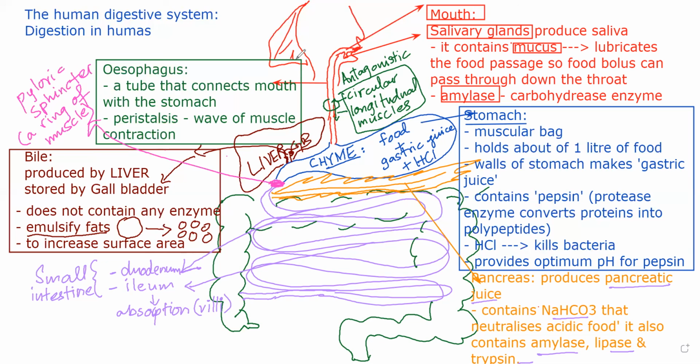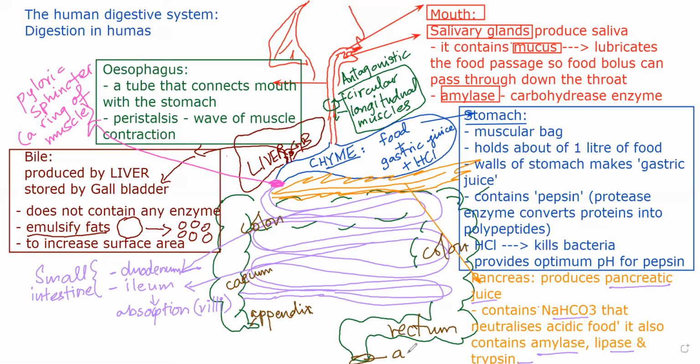Okay, so next, what do we have? Let me use the other color. As you can see, this is the appendix. Here, what is that? Cecum. Further along, this is the section of colon. Here, this is the colon. And here we will have the rectum. And finally here, what will we have?